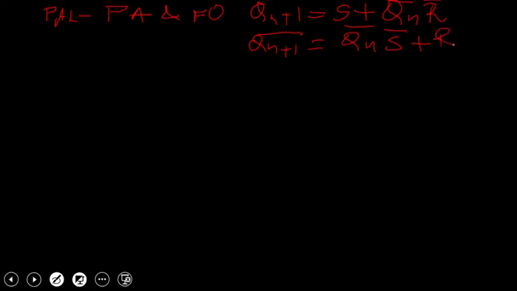So what is the first step for implementation? You should check the number of inputs. Here you can see 3 inputs are there, and all of them are in their complementary states as well.